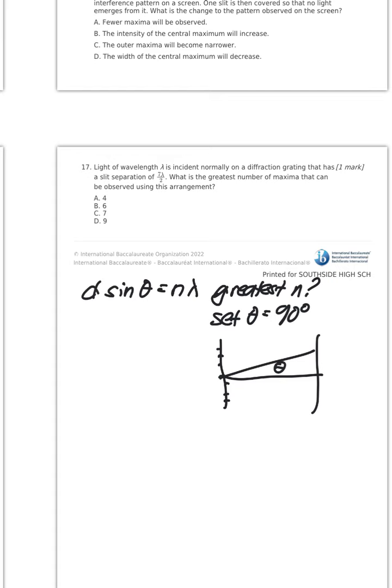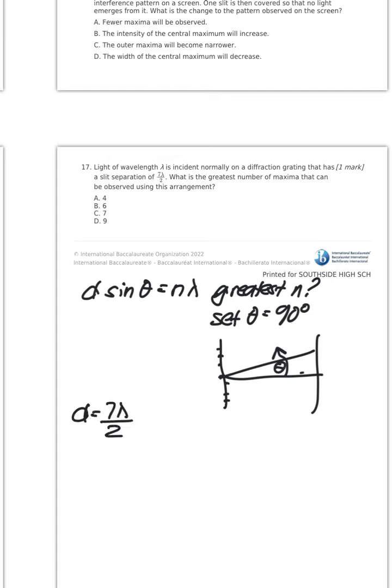But as that angle increases, once you hit 90 degrees from the center line, it's definitely not going to hit the screen. 89 degrees will, barely, but 90 definitely will not. So if we set theta to 90, whatever n is, we know that right under that will hit the screen.